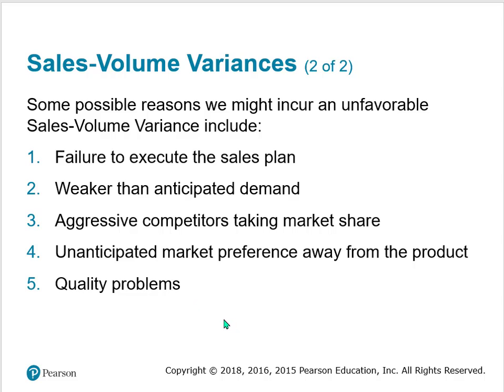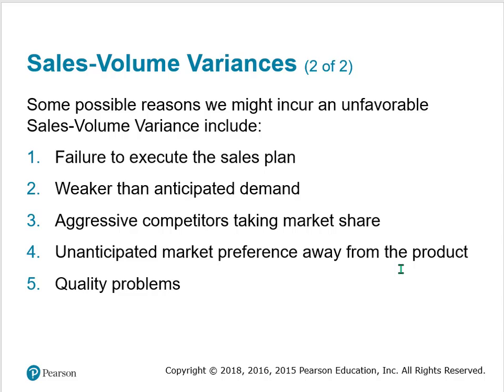Here are some reasons why an unfavorable sales volume variance might occur, where actual sales are less than budgeted sales: failure to execute the sales plan, weaker than anticipated demand, there's not much you can do about that, aggressive competitors taking market share, unanticipated market preference away from the product, that all of a sudden nobody's buying hula hoops anymore.